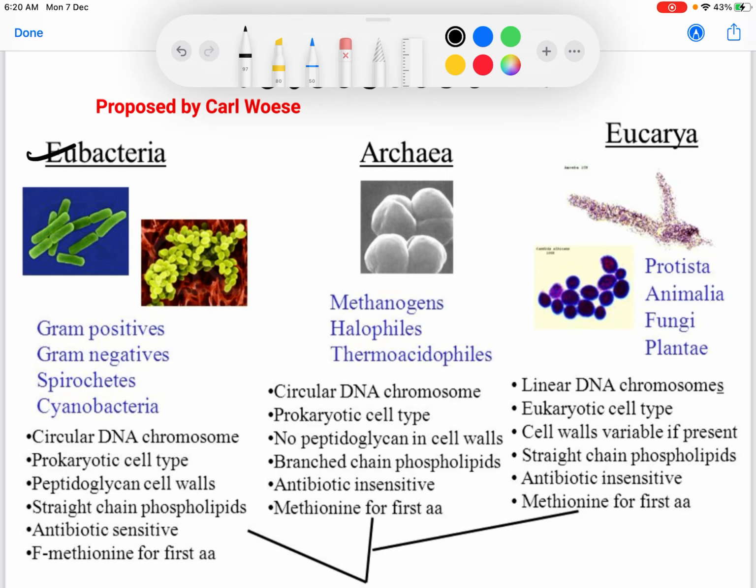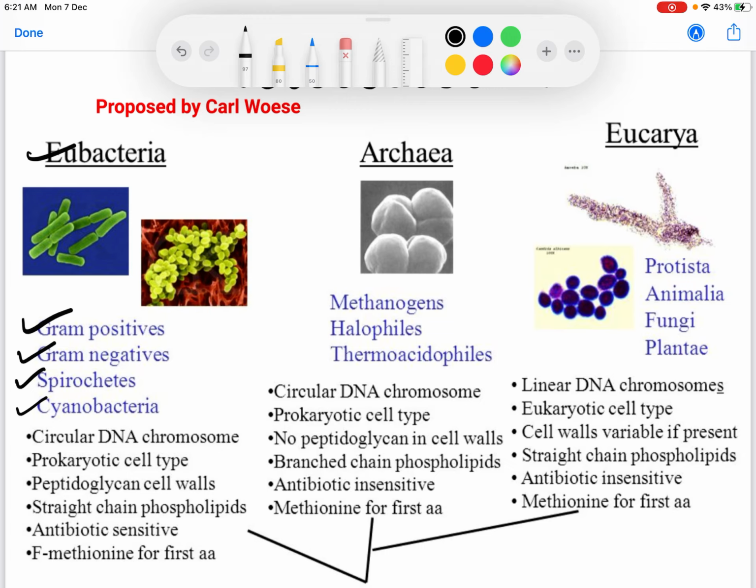If they are stained by Gram stain, then it is called Gram positive bacteria, or if they are not, then it is Gram negative bacteria. A few are spirochetes and a few are cyanobacteria. So Gram positive, Gram negative, spirochetes and cyanobacteria are the 4 basic types of eubacteria.